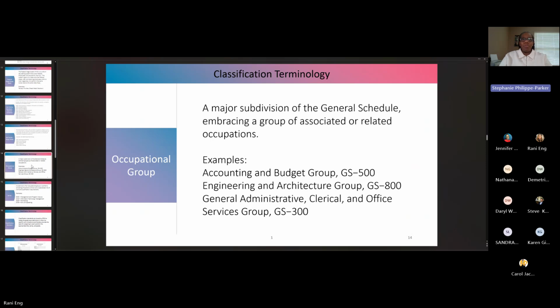And then below this group, you may have a job family of tax examination or accounting and budget work. A familiar analogy may be a human resources organization, which is the occupational group. And then below that, it's broken down into maybe classification, staffing, benefits, labor relations. Those would be the job families. Next slide, please.